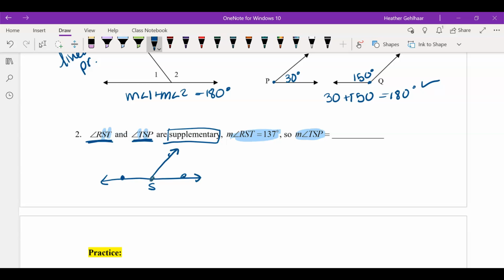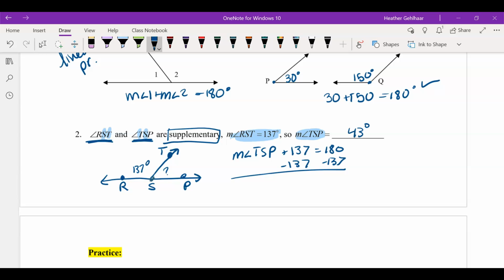They just don't have the R and the P in common. So RST is 137 degrees, and we don't know what this angle is. So the measure of angle TSP plus 137 equals 180. Subtract 137. When we subtract, 180 minus 137, we get 43 degrees. So the measure of angle TSP is 43 degrees.